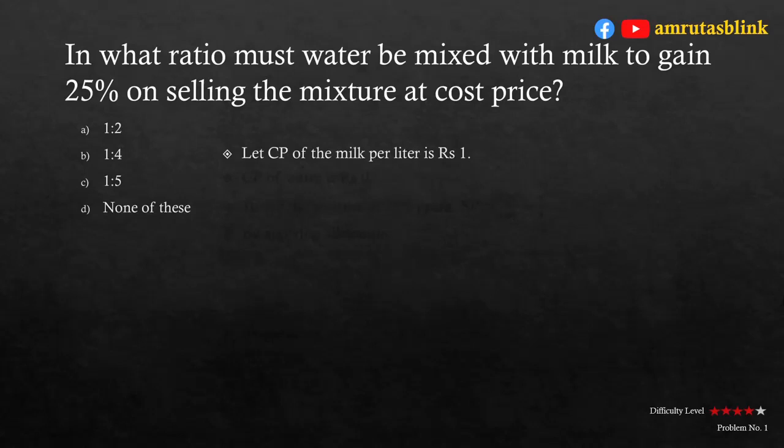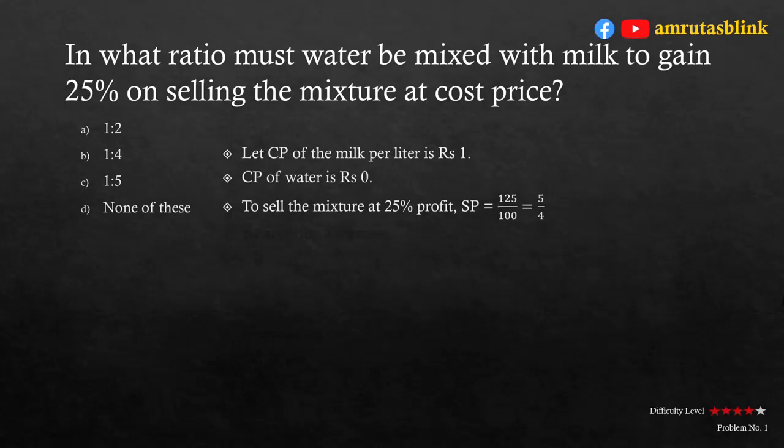Now, as of now, let's assume that the cost price of the milk is, let's say, rupees 1 per liter. Now, we are mixing water into this milk. Let's say this water is available free of cost. Hence, we can assume that the cost price of this water is rupees 0.